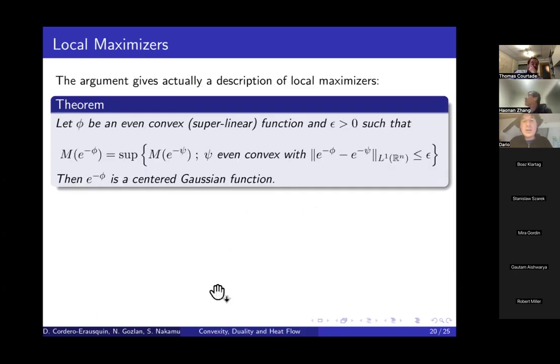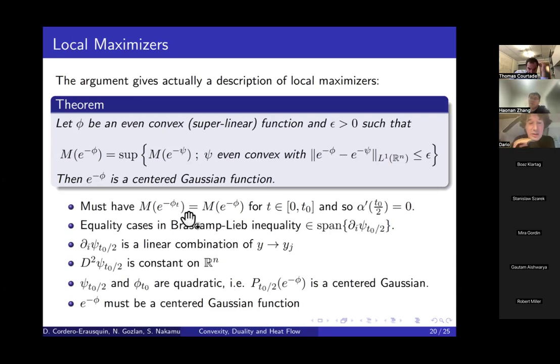So if you look at the argument, actually what we are proving is a bit more. We are proving that the Gaussians are the only possible maximizers, and actually the only possible even local maximizers. Why is that? Well, if you have some function phi that gives you a local maximizer, it means that when it evolves for a long time, locally, say in L1, it cannot increase, so it has to remain constant locally.